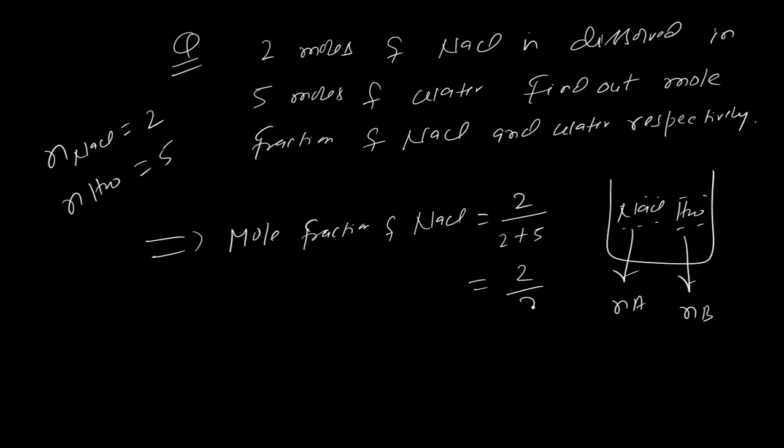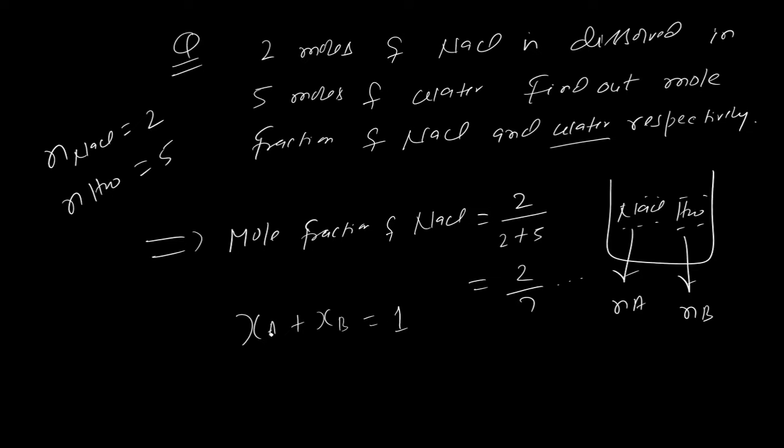So solve it, what will come? That will be the mole fraction of NaCl. They are also asking about the mole fraction of water. You can do it in a similar way, or there is a shortcut. The shortcut is, as you know, mole fraction of A plus mole fraction of B is equal to 1, and we know the mole fraction of one component, that is 2/7.